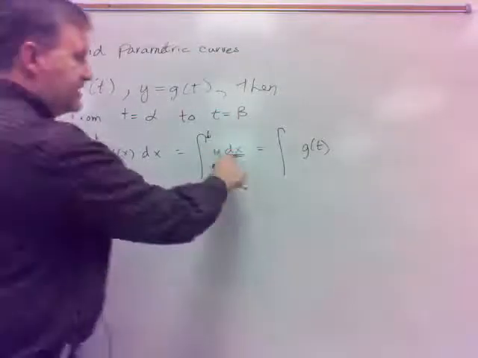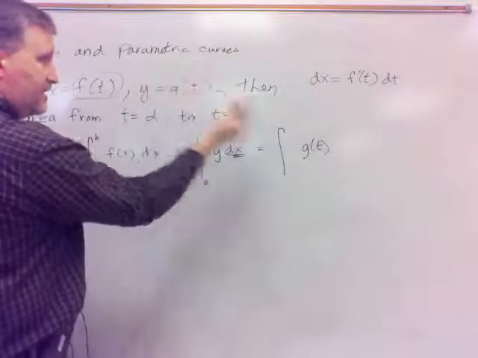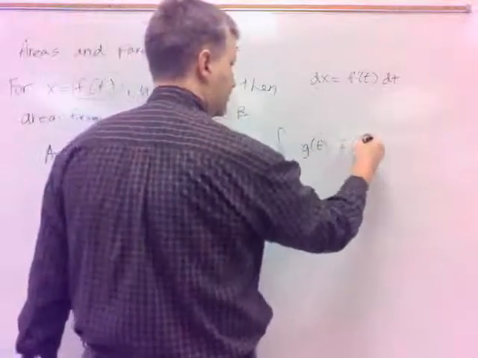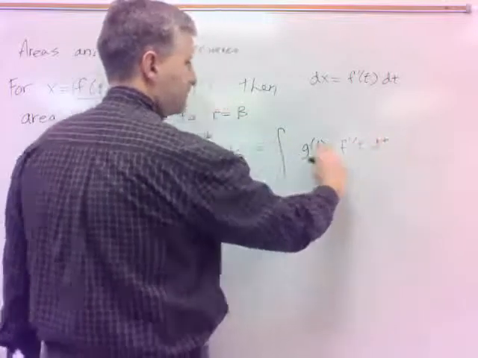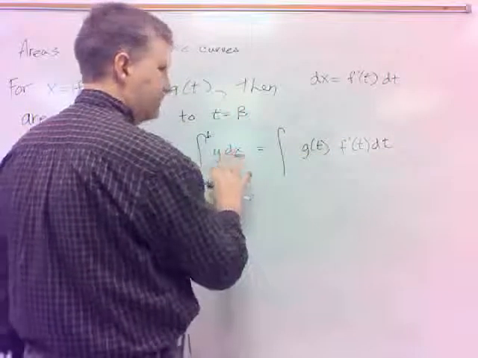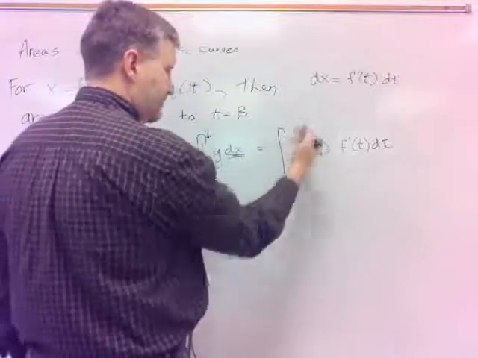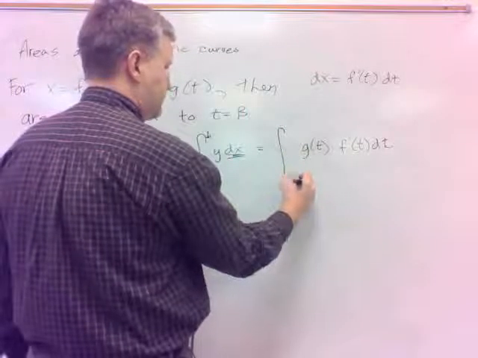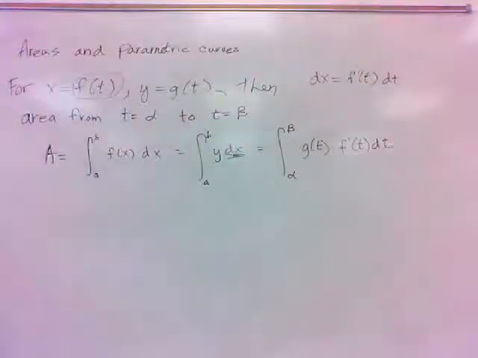It was f prime of t dt. In other words, this derivative times dt. And so now I've gone from x's, if you will, to t's. So my upper and lower limits also need to be in terms of t. So I've gone now to alpha and beta.